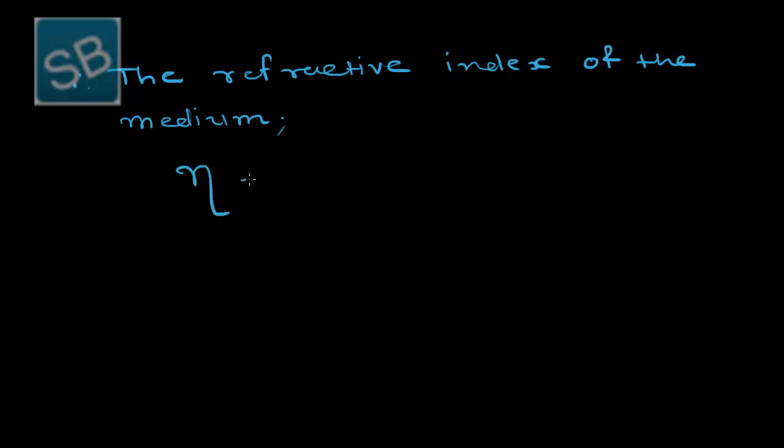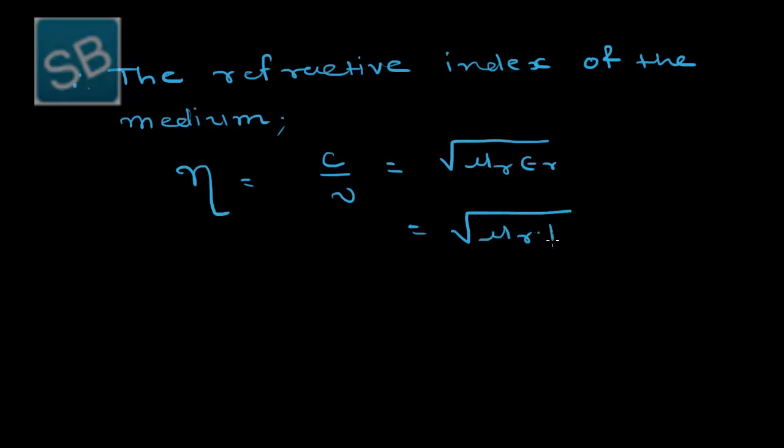It is given by eta is equal to c over V is equal to under root of mu r epsilon r, that is equal to under root of mu r into k, and that is equation number 7.